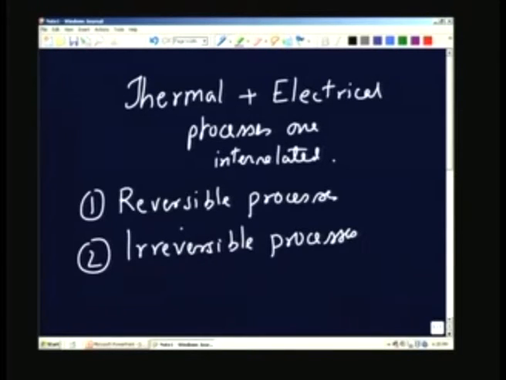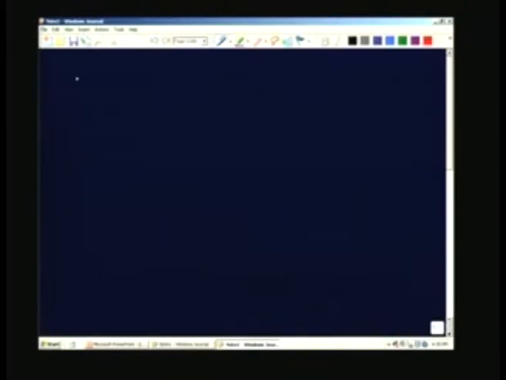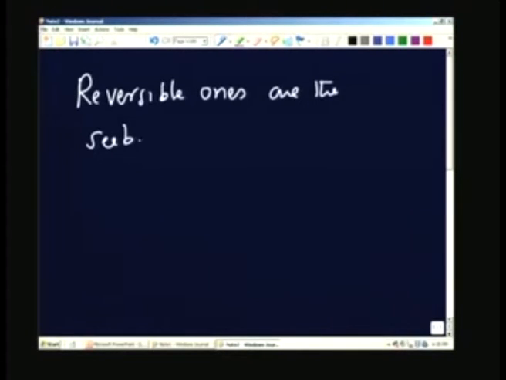Let me recapitulate the reversible processes. The reversible processes are the three effects I talked about earlier: the Seebeck, Peltier and Thomson effects.